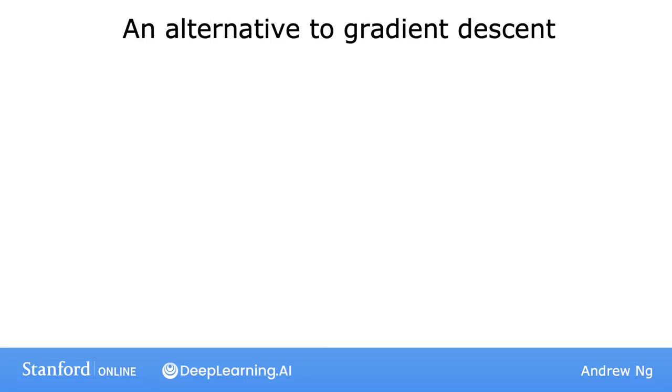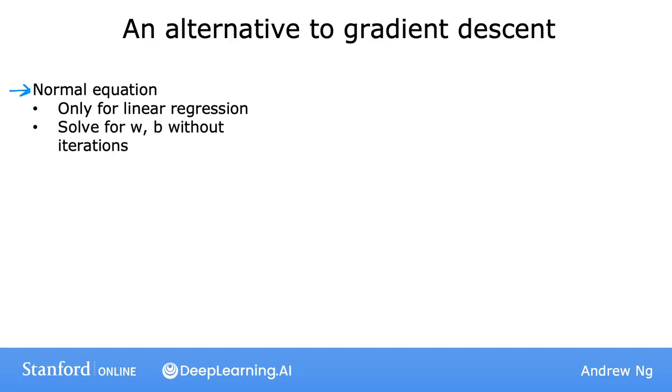Before moving on from this video, I want to make a quick side note on an alternative way for finding w and b for linear regression. And this method is called the normal equation. Whereas it turns out gradient descent is a great method for minimizing the cost function J to find w and b, there is one other algorithm that works only for linear regression and pretty much none of the other algorithms you see in this specialization for solving for w and b.